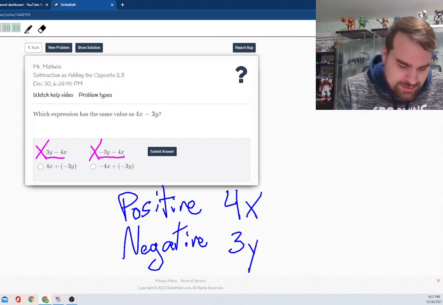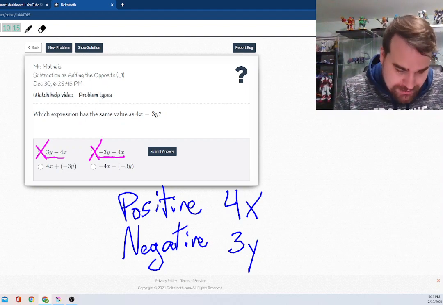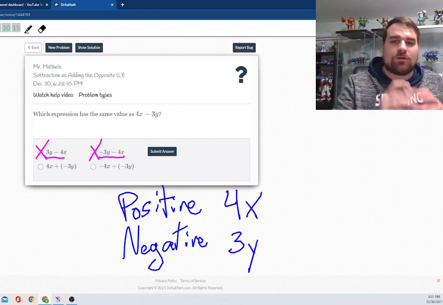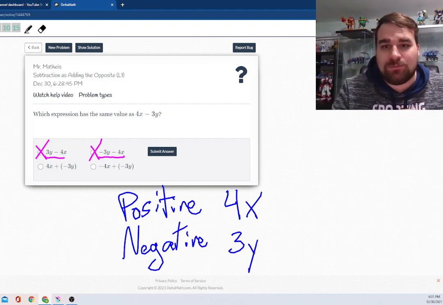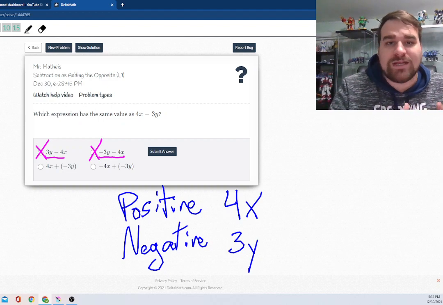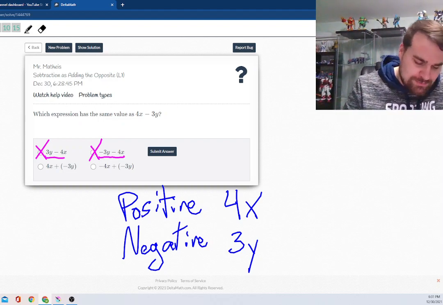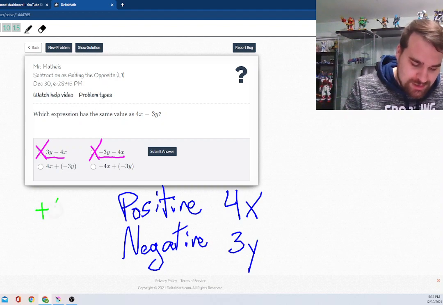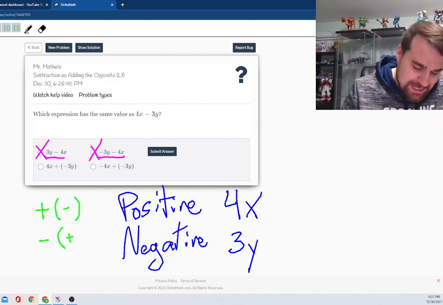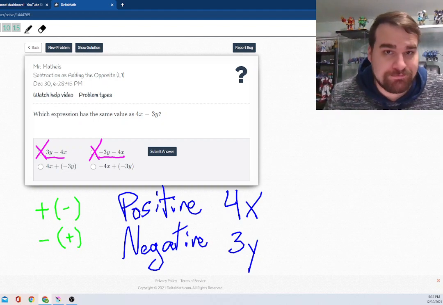Okay, so let's take a look at this third one. It says positive 4x. Okay, that's good. 4x was positive to begin with. Plus negative 3y. Okay, so now we come to this situation where we have plus a negative, and we need to make sure we know what exactly that's saying. Anytime you see something like this that says plus a negative number or minus a positive number, both of those actually just mean subtraction.